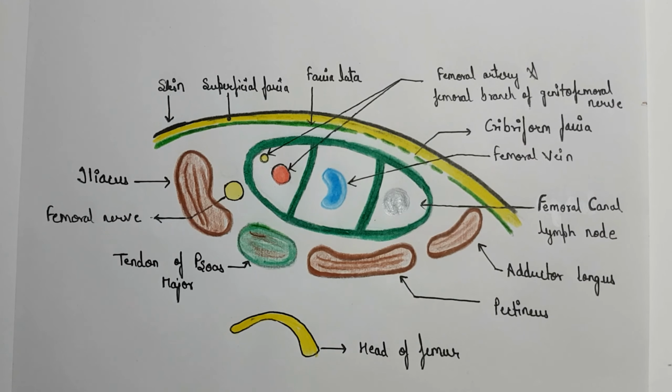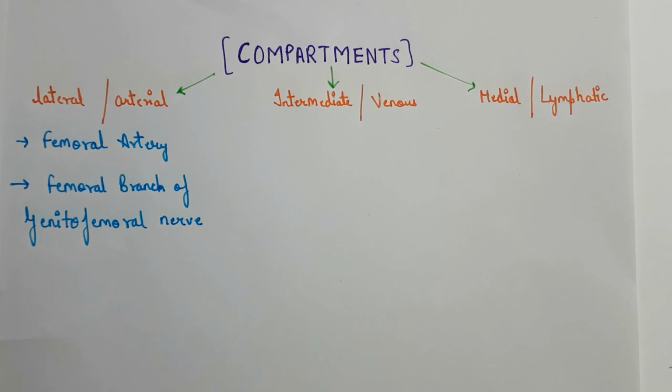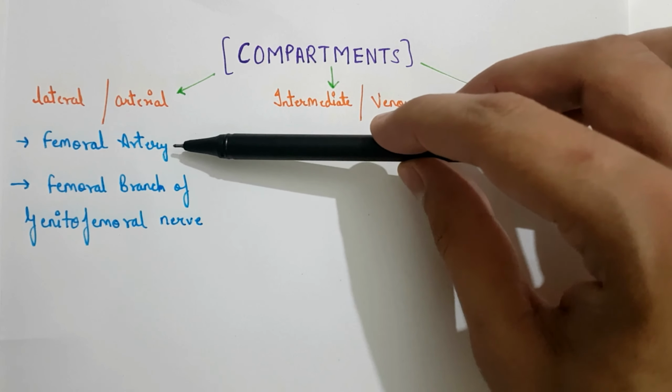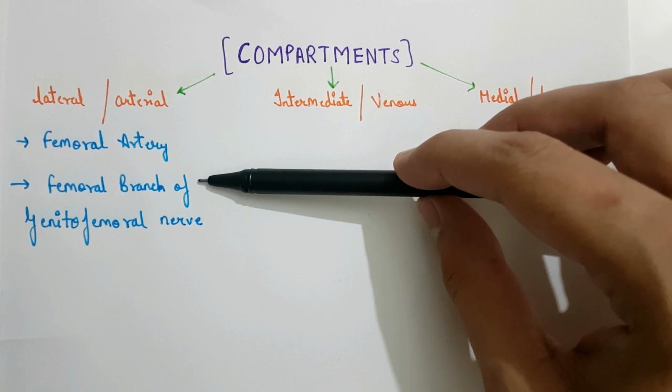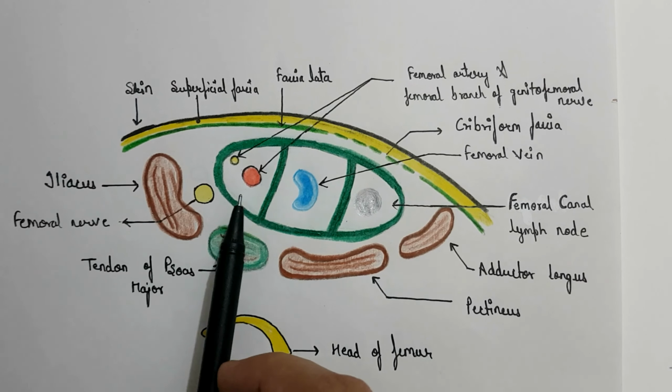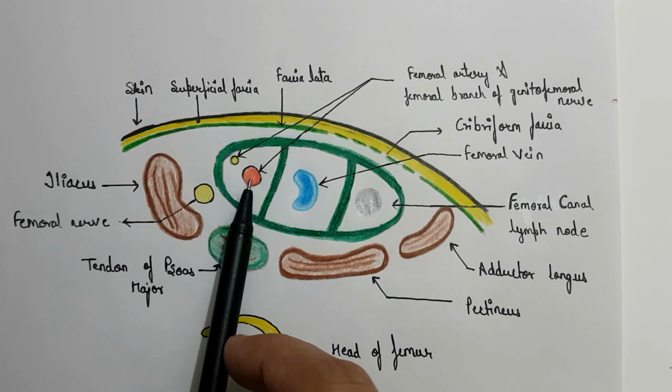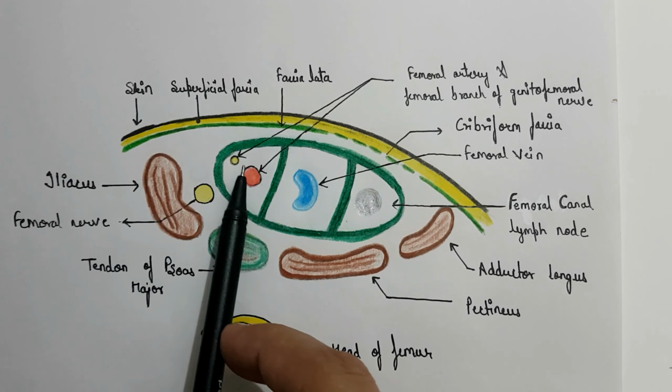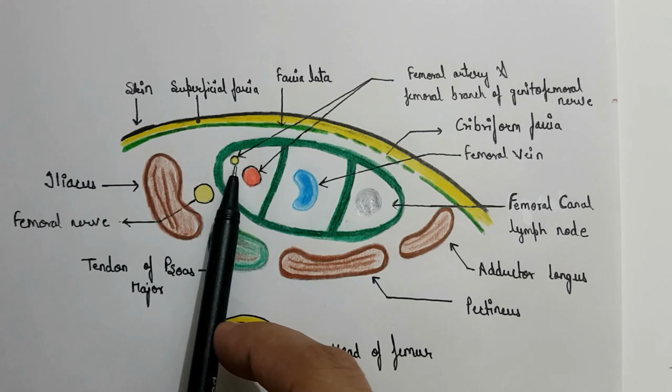Now let us look into the contents of these compartments, which is very important. The lateral or the arterial compartment has two structures, that is the femoral artery and the femoral branch of the genitofemoral nerve.